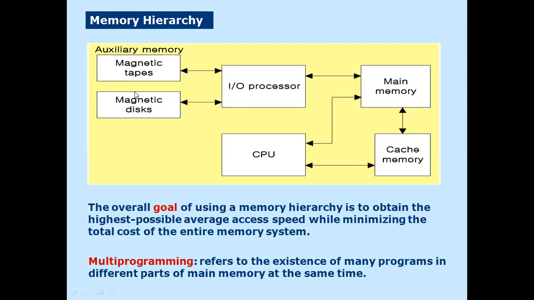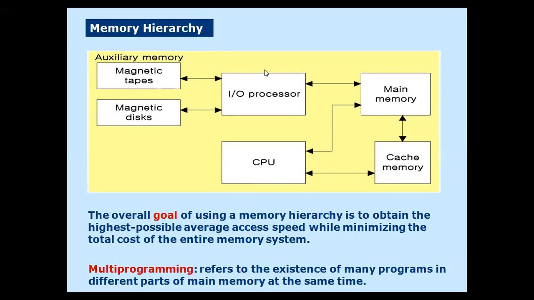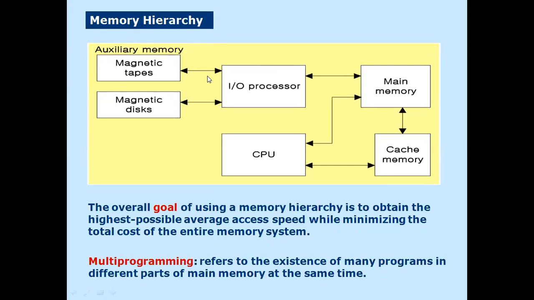These are all different aspects of the computer, and everything here is used for storing the data. Main memory will store the data, cache memory will store, magnetic tapes will store the data, magnetic disk will store the data, and registers are also used for storing the data. But our goal is to identify, based on our convenience and our program type, which memory will give the user fast access. So we need to identify that.